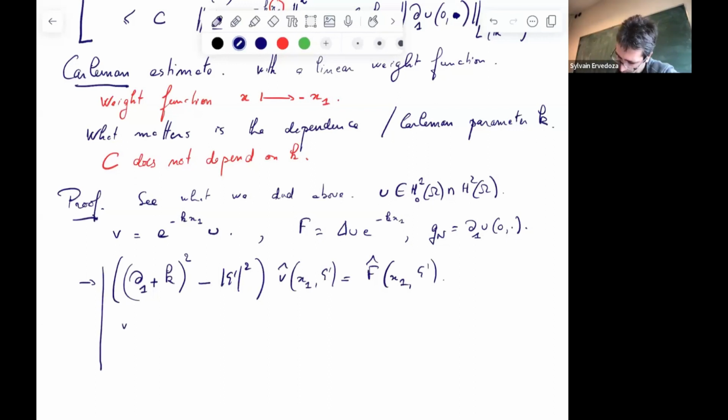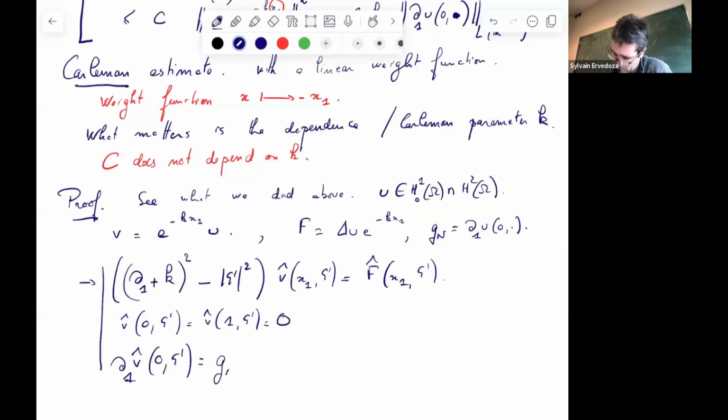And then you get v hat of 0 psi prime equal to v hat of 1 psi prime equal to 0. This is because I have imposed homogeneous Dirichlet boundary conditions, but of course, if you want to track precisely what happens with non-homogeneous Dirichlet boundary conditions, you have everything above to do that. And you have that d1 v hat of psi prime is g_n hat of psi prime.